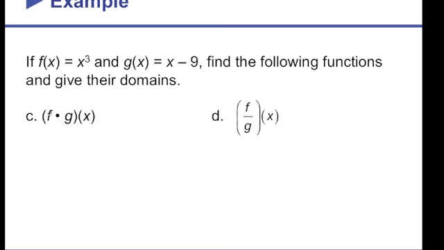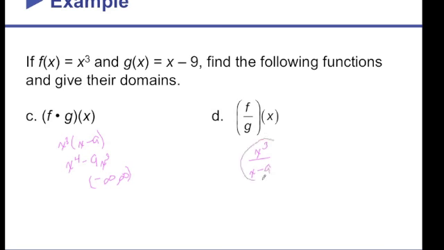Using the same two functions, we want to find their product. Notice this is a filled in dot. So it'll be x cubed times x minus 9. Removing that parentheses, it'll be x to the 4th minus 9x cubed, and the domain is all real numbers. And then dividing, it will be the f of x over the g of x.